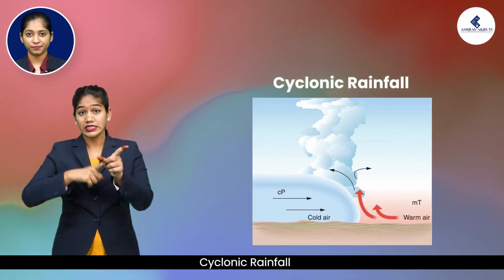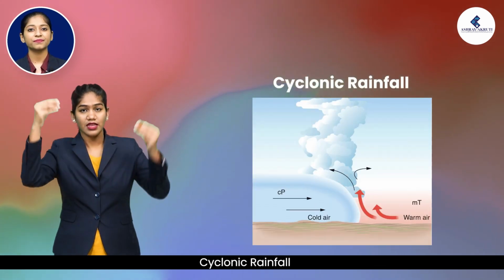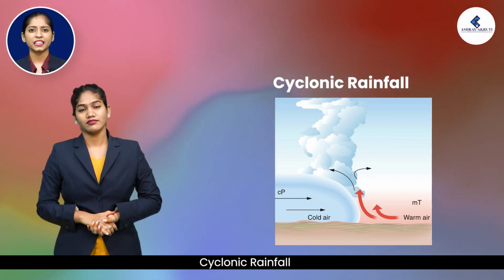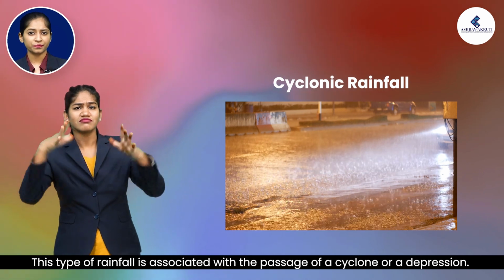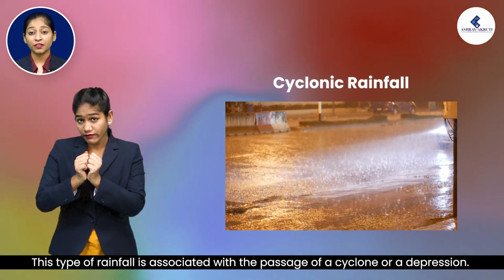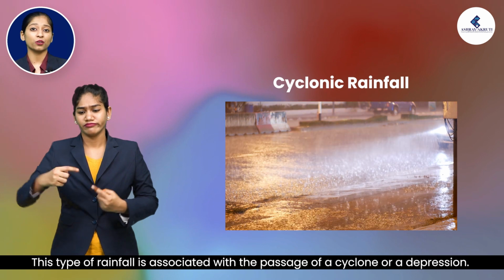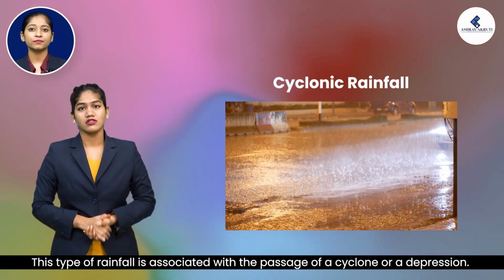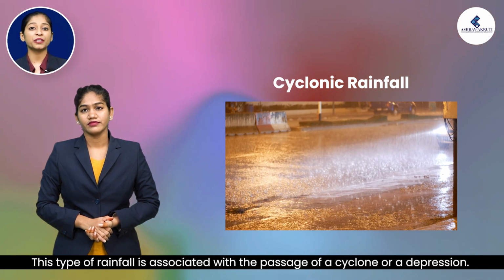Cyclonic rainfall. This type of rainfall is associated with the passage of a cyclone or a depression.